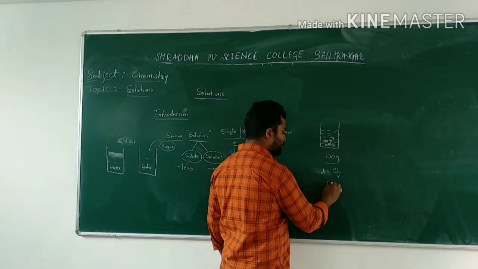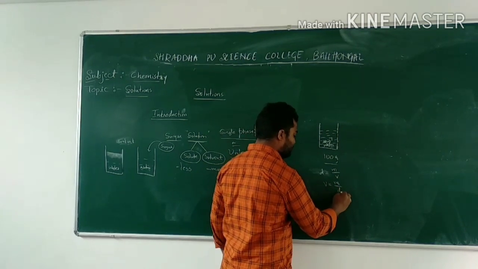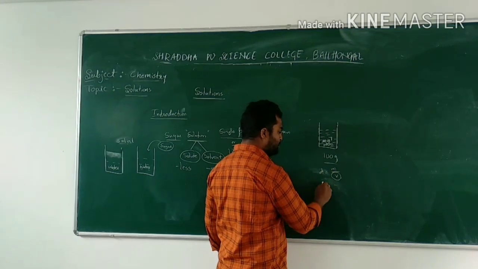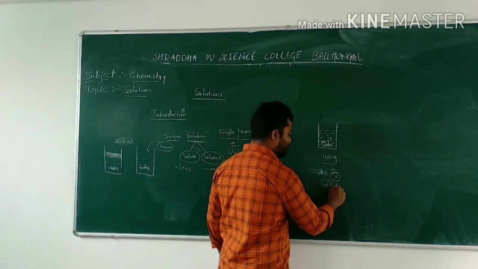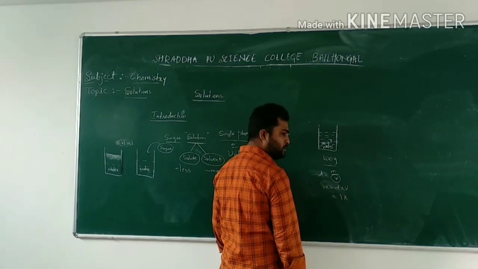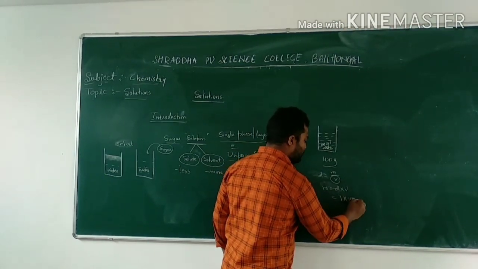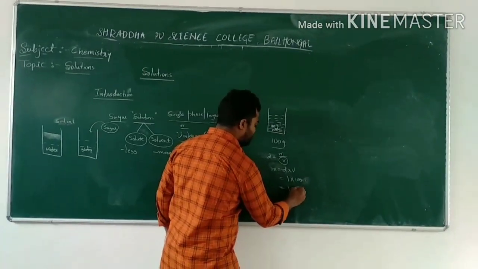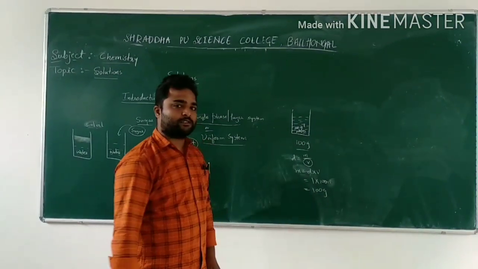So I transfer the volume to this side, and it becomes mass equals density into volume. I need to calculate the mass because volume is given as 100 ml. Therefore, M is equal to D into V. D for water is equal to 1, and for 100 ml, it will be 100 grams.